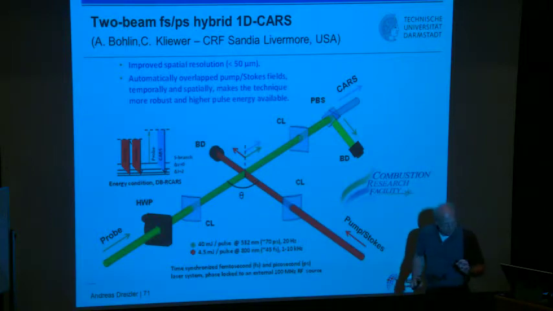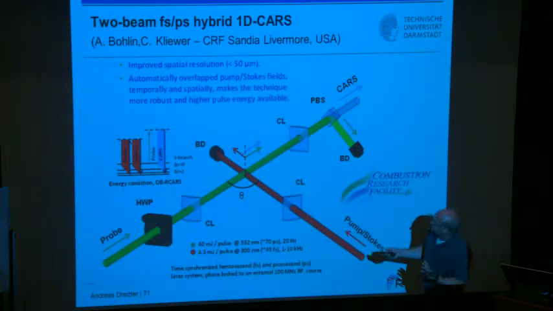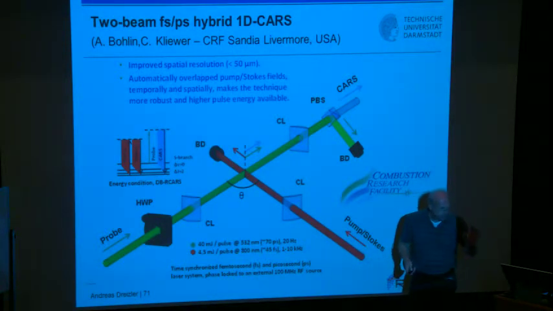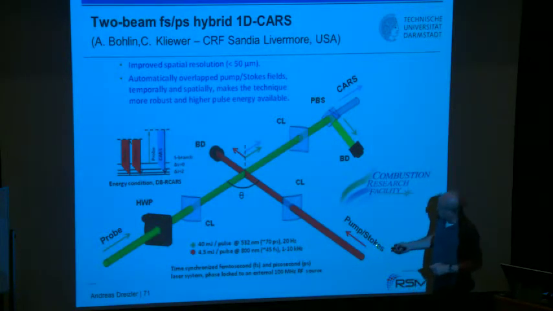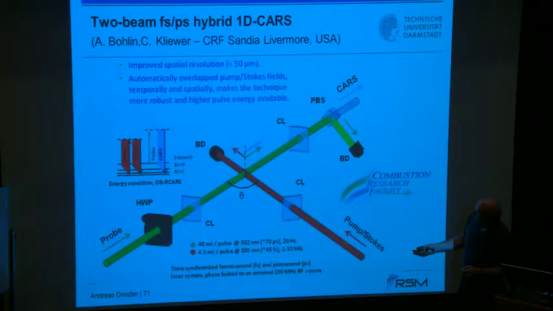He is doing rotational CARS, and he's doing that by using only 2 beams. In that sense, it's easier, but one of these 2 beams is a femtosecond laser. This is here the femtosecond laser, 45 femtoseconds, that green guy over here. And that is used, one and the same beam, for pump and Stokes.